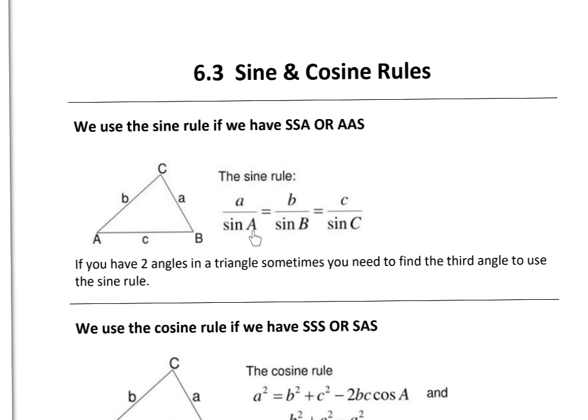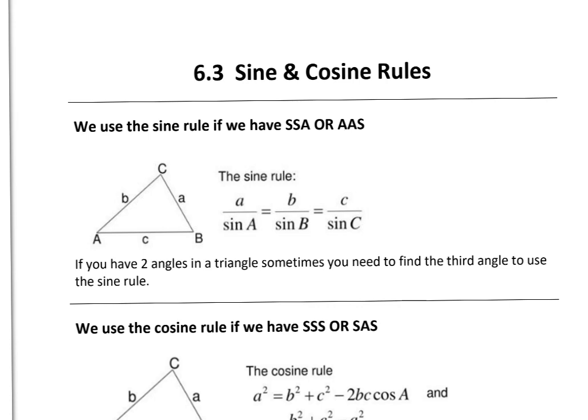This rule is helpful if you have a triangle that is not right-angled. We use this rule if we have two sides and an angle, or two angles and a side.